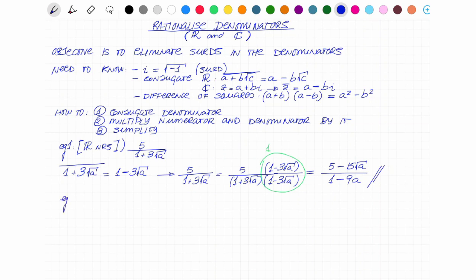Let's see a second example, in this case with complex numbers. So remember, complex numbers have an imaginary part somewhere. In this case, we've got 4 minus 12i over 3 minus 4i. Now, more of the same. We look at the denominator and conjugate it. Everything stays the same, and the imaginary part changes sign.